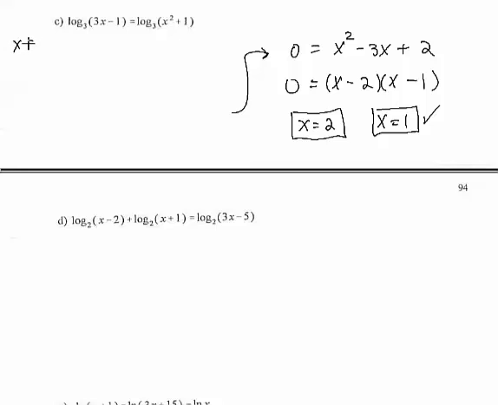What about x equals 2? On the left we have log base 3 of 3 times 2 minus 1. On the right we have log base 3 of 2 squared plus 1. 3 times 2 is 6 minus 1 would give us 5.